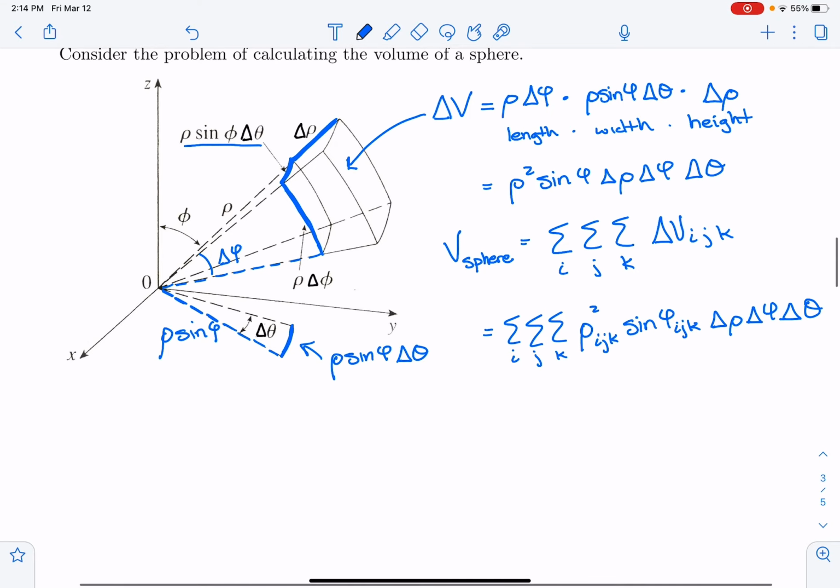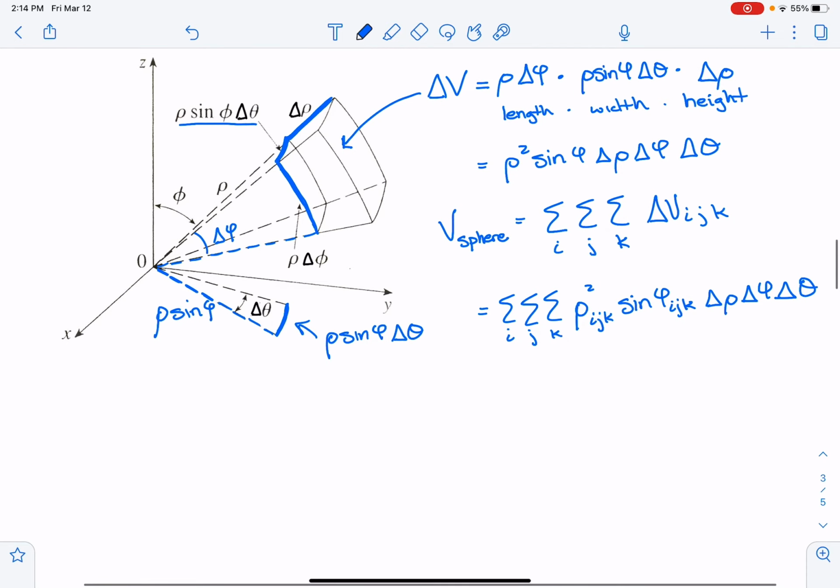If we want to get the exact volume of the sphere, well then we're going to want to take a limit. In that limit, we're going to want to take delta rho, delta phi, and delta theta all going to 0.